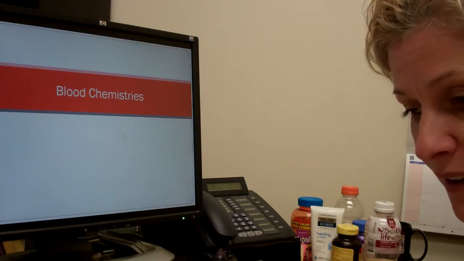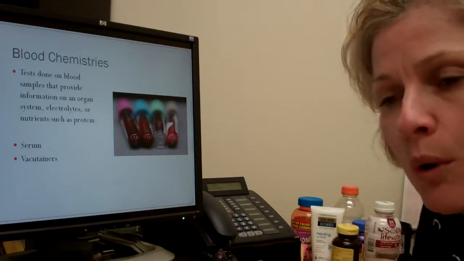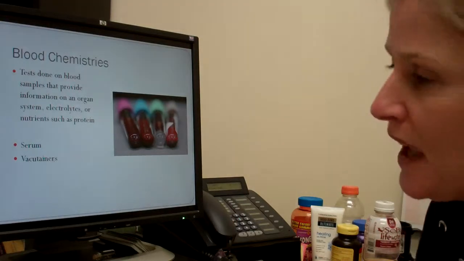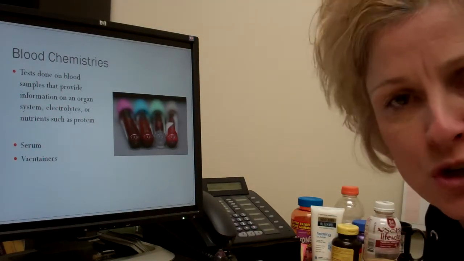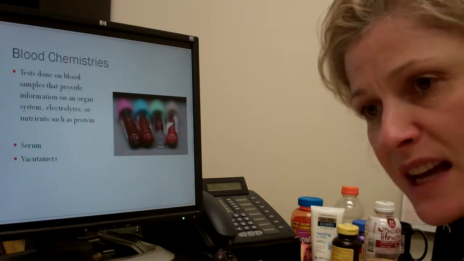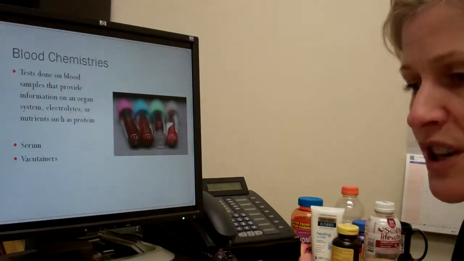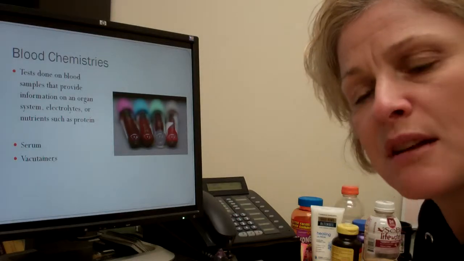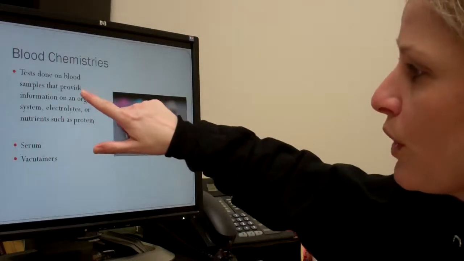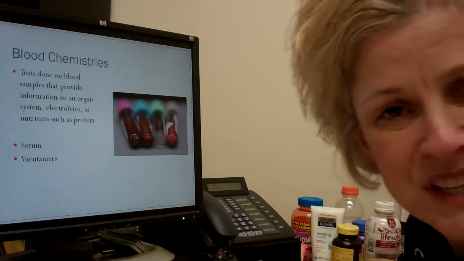And let's get started. This is the chemistry module, and ultimately when we talk of blood chemistries, we are taking obviously a blood sample and we are running it through these specialized machines, and these tests that the doctor orders, we will look at different enzymes or different things that the body produces, and many of these enzymes, hormones, whatever, correlate to a different organ or to specific things like just generalized metabolism.